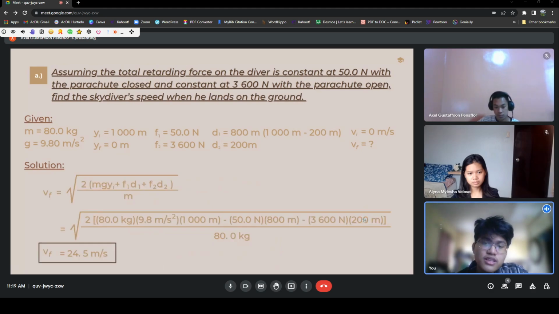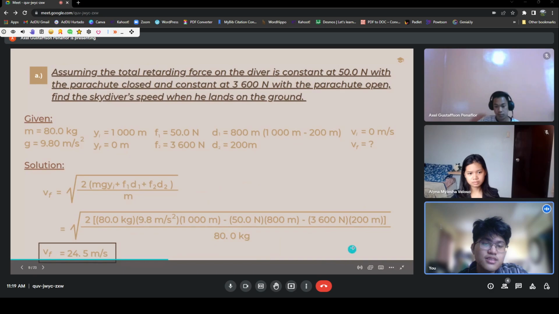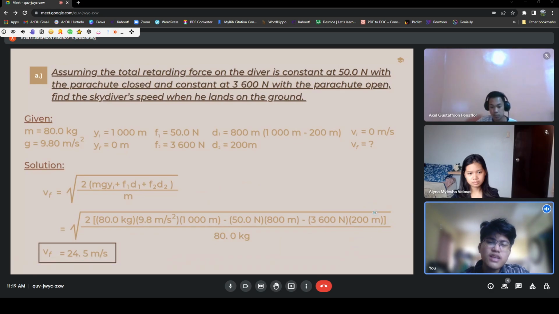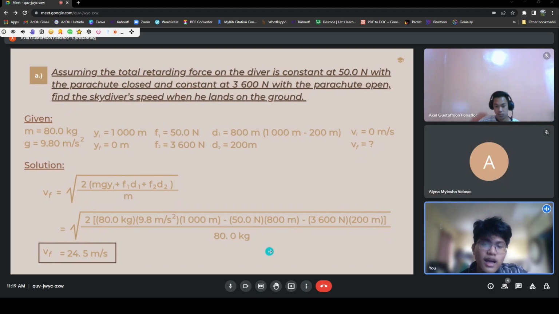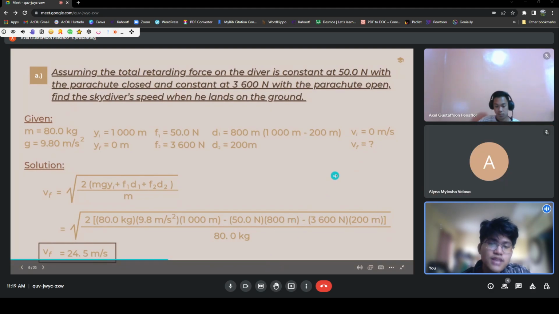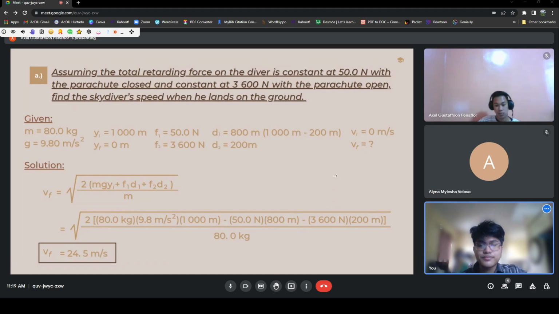Since both the initial velocity and final distance are 0, the equation will be simplified. From there, we isolate the final velocity and utilize the square root. Thus, the equation of final velocity is equal to the square root of mass times gravity times y sub i minus F sub 1 times d sub 1 minus F sub 2 times d sub 2, all over mass.